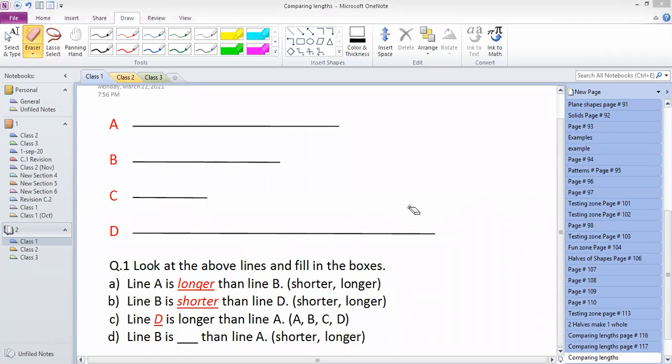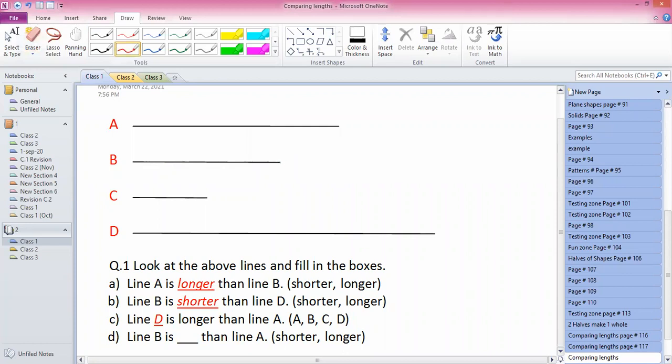All right. I will take one more student, Mohannad. Yes, sir. Yes, Mohannad. Line B is dash than line A. Shorter or longer? Line B is longer than line A. How?